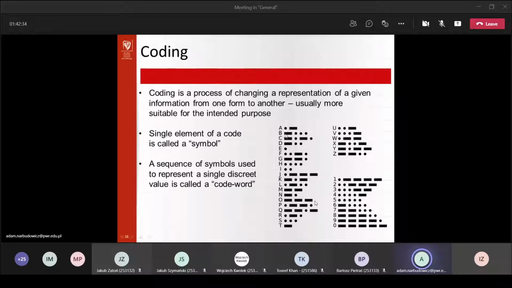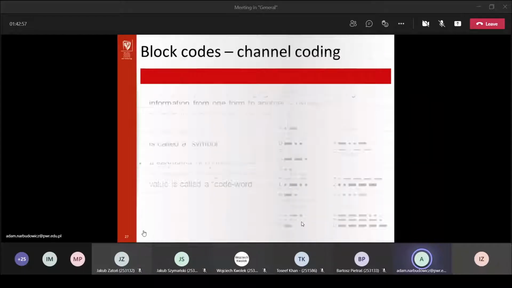It's not that a dash is one symbol, dot is another, and so on. And when you use a sequence of symbols, this is what is called a code word. So that's the nomenclature.